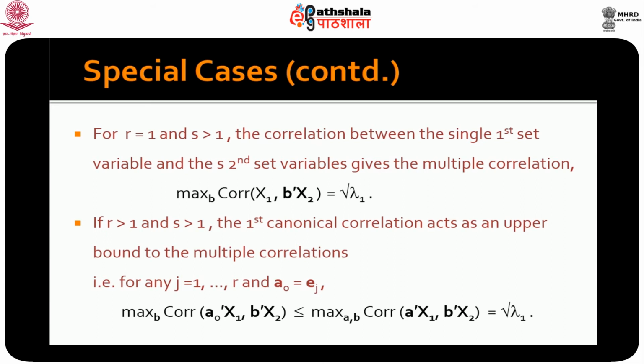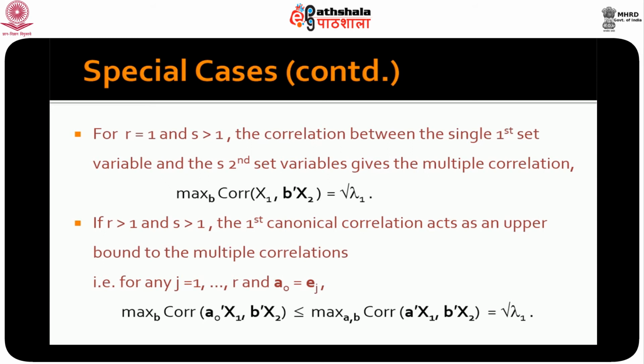Now if we have more than one variable in the first set, then as before we pick up the ith variable from the first set and we have the correlation between xi1 and b prime x2, and that would also be smaller than square root of lambda 1, because square root of lambda 1 gives us the maximum correlation whatever combination you take.